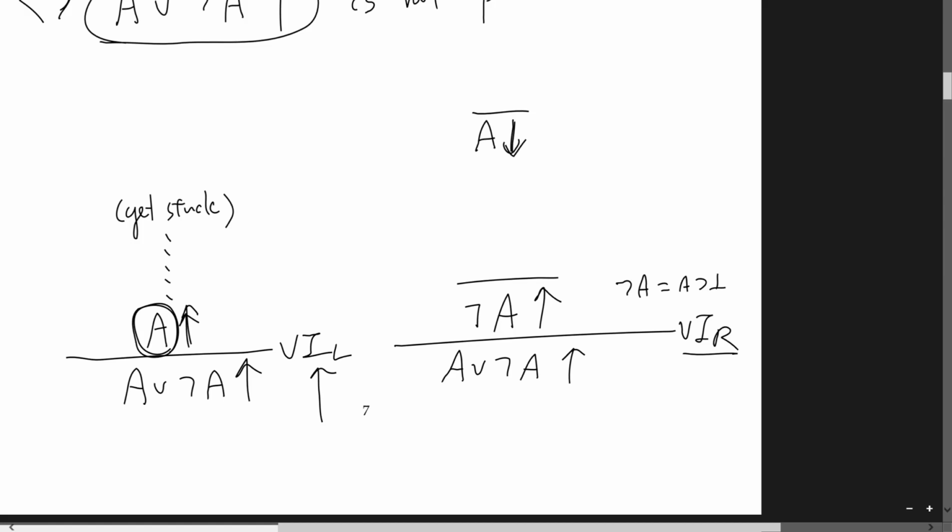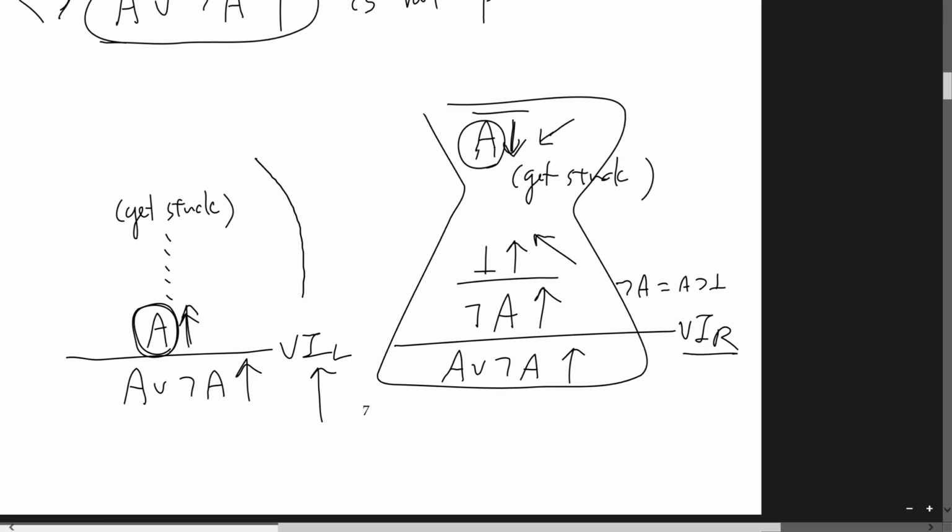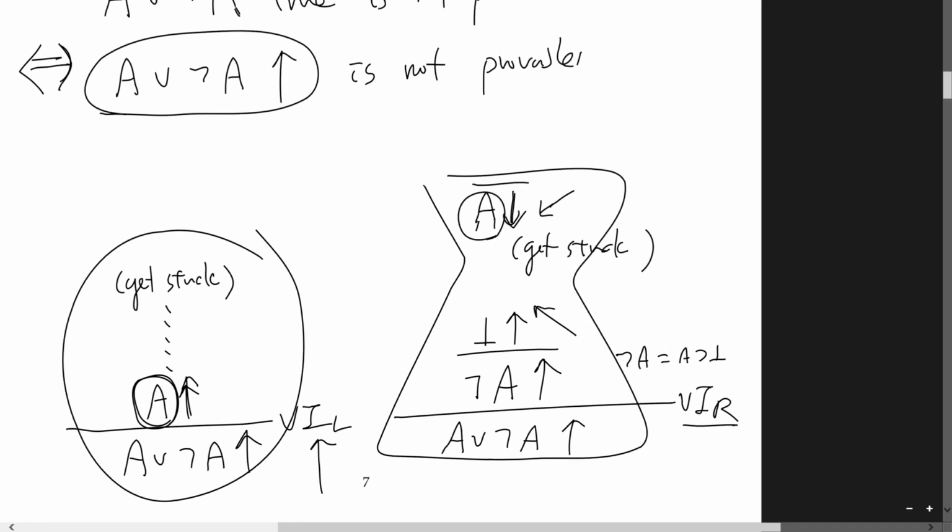And then you have to show bottom up arrow. There is nothing you can do about this one either, because in general, nothing is known about this proposition A. So again, you get stuck. So the proof construction gets stuck in both cases, and we can conclude that A disjunction negation A up arrow is not provable.